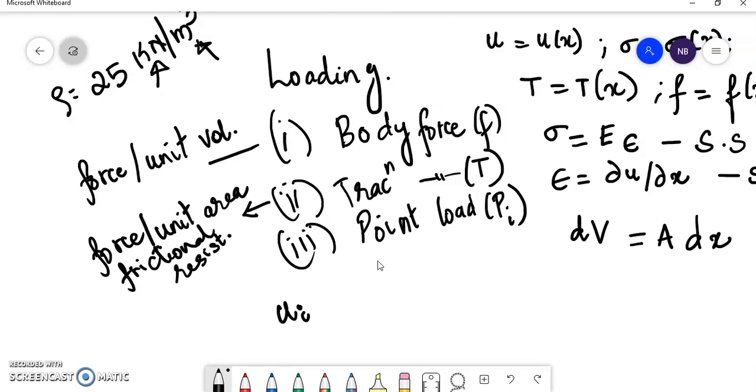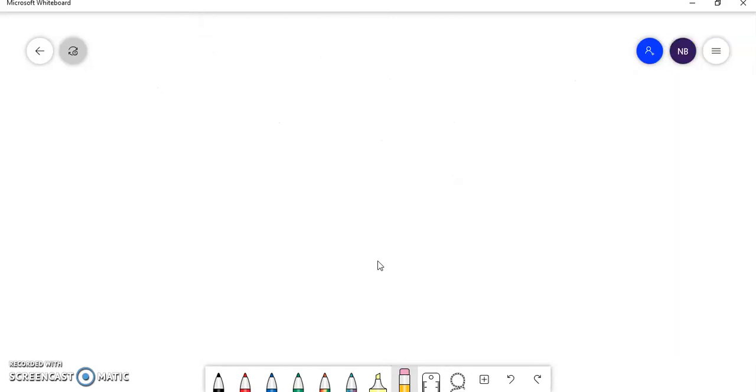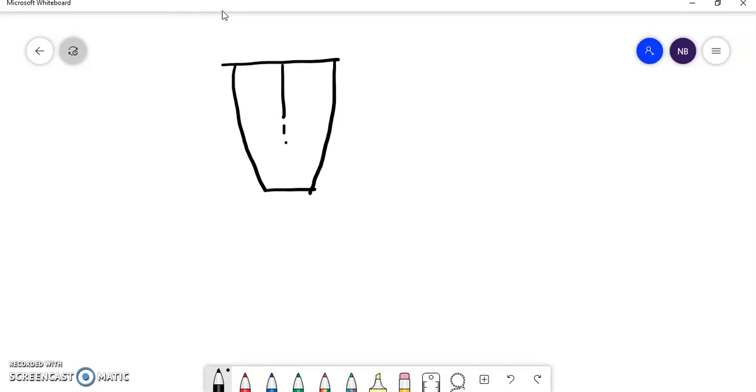Now, let us take an example of a bar element. So this is my bar element.